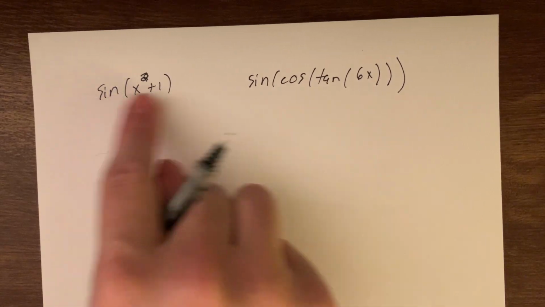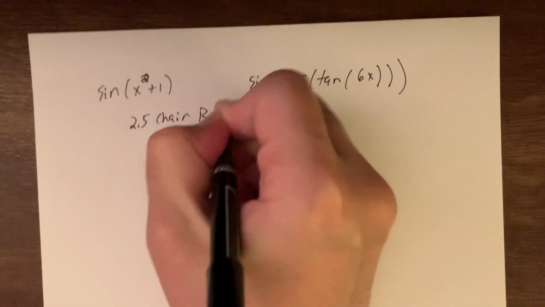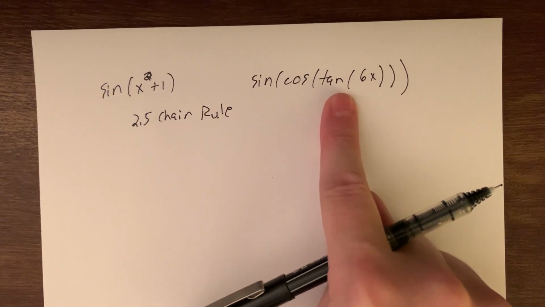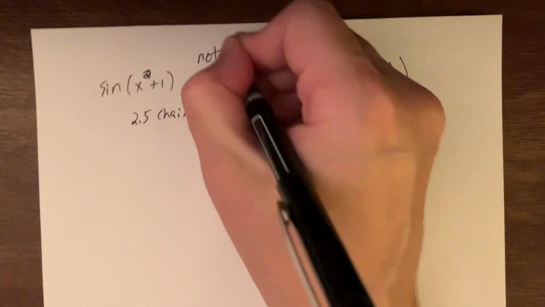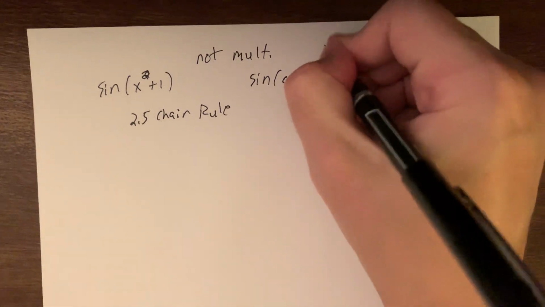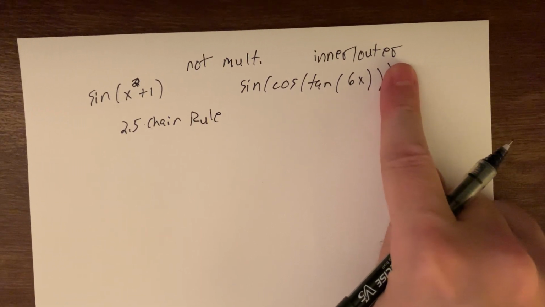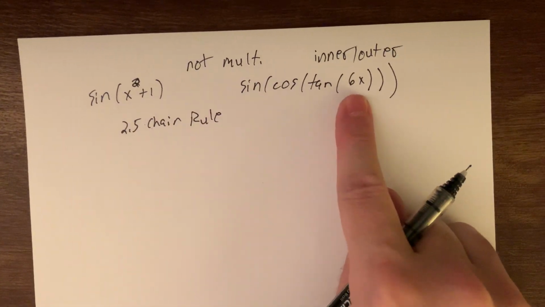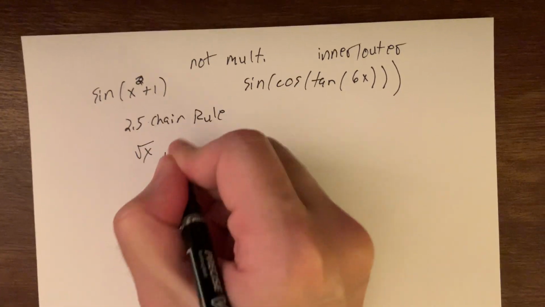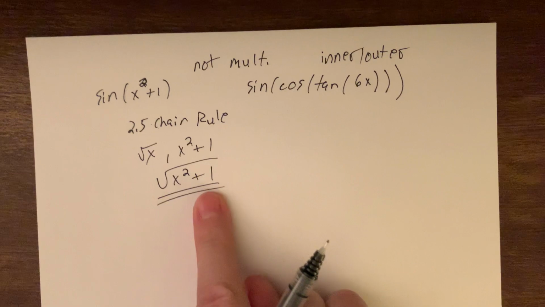This will be a function that has layers, and in 2.5, we'll talk about the chain rule. There is no multiplication in either of these situations. These are all about inner and outer. And that's going to be a last rule. It's not just trig functions. We know how to take the derivative of x squared plus 1, and we know how to take the derivative of the square root of x, but what if it is the square root of x squared plus 1?